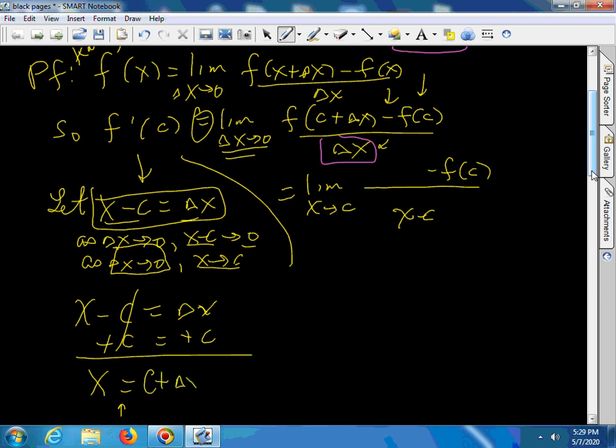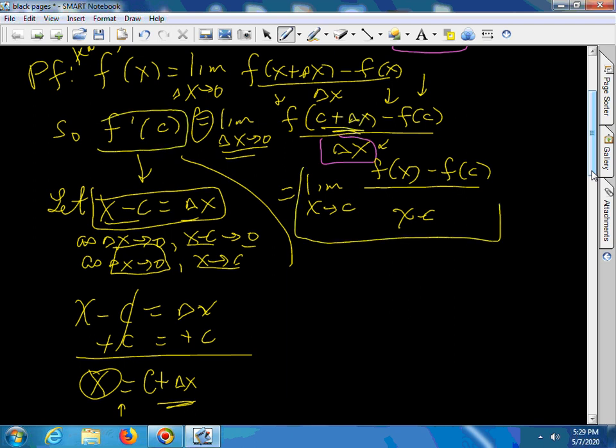So I have an f, and instead of c plus delta x, I'm going to write x. And you go, wow, look at that.